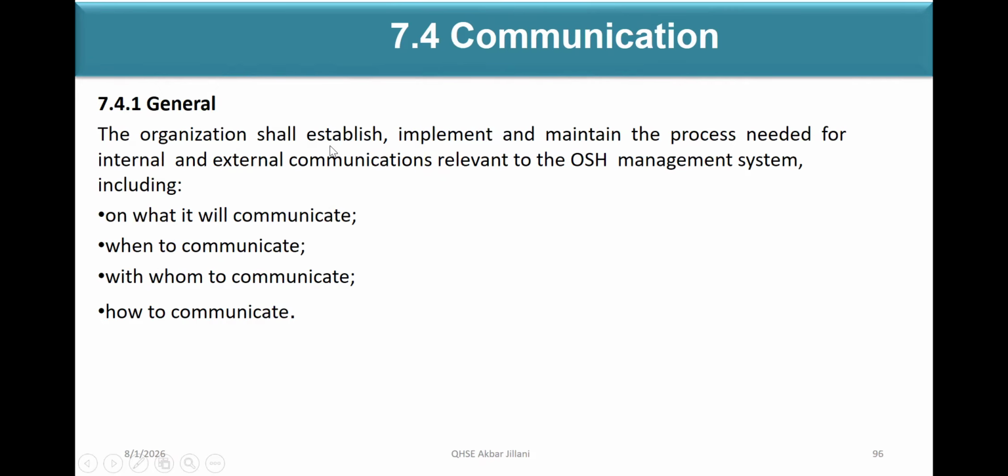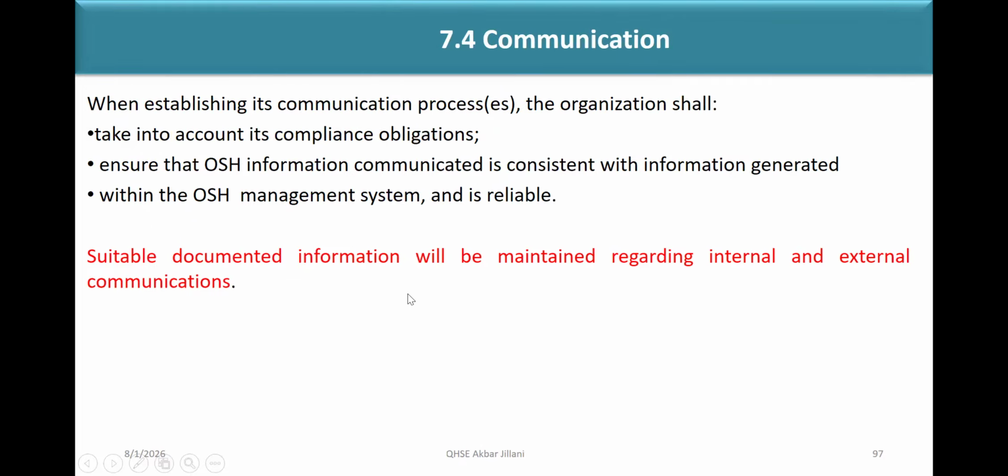Communication. The organization shall establish, implement, and maintain the process needed for internal and external communication relevant to the OHS management system, including on what it will communicate, what will be the communication topic, when to communicate, how they will communicate, the frequency of communication, with whom to communicate, like internal, external, and how to communicate, like which media they will use, like mail or verbal or call, then WhatsApp.